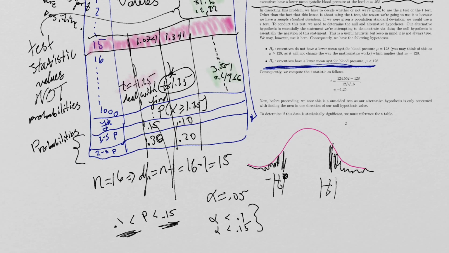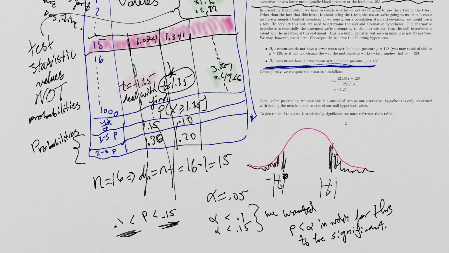But we wanted p to be less than alpha in order for this to be significant. So we conclude that even though we don't know the exact value of p, we only know some interval, we conclude that this is not significant.